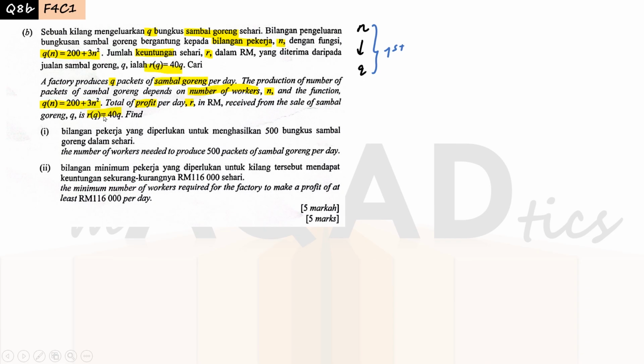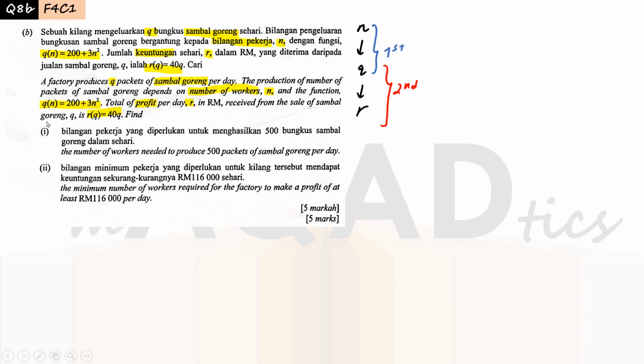And you can see that it relates the packets of sambal goreng with the profit, which is the second function here. So I need to know the number of packets produced, then I can find the profit, right? So this is the second relation.